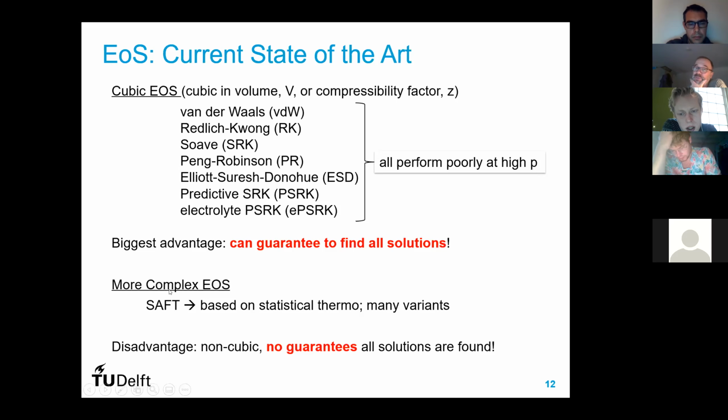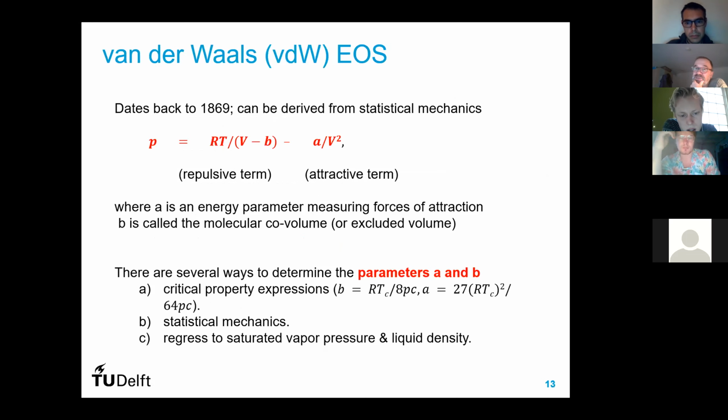While if you look into the more complex equations of state like SAFT, and there is CPA, there are a few others, they are not cubic. So there could be up to 27, I think, roots for the SAFT equation of state, and there is no guarantee that you find all of these solutions and pick the right one. So that's just a general description.